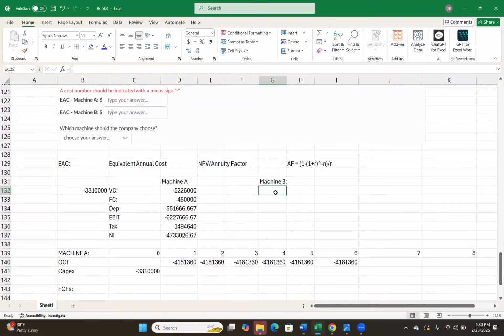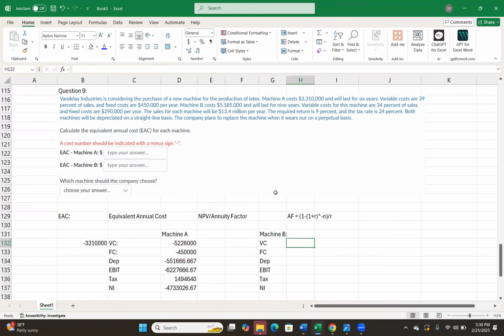Okay. Variable costs, fixed costs, depreciation, EBIT, tax, net income. For this one, we've got variable costs for the machine B are 34% times the negative 13. Oh, gotta put an equal sign.